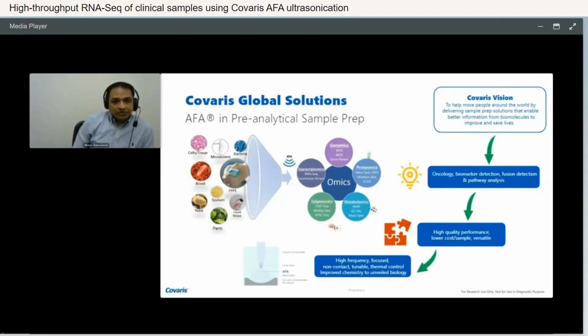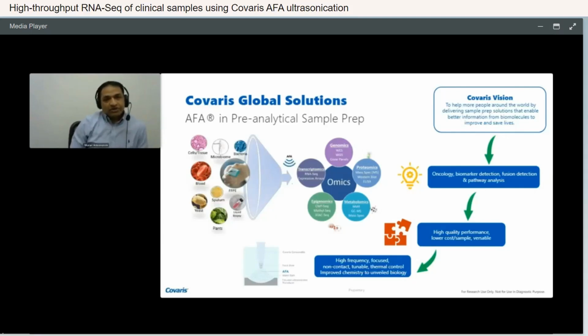Covaris adaptive focused acoustic technology offers high-value solutions in the pre-analytical sample prep domain. Our technology enables highly efficient extraction and processing of biomolecules from a whole range of different sample types. This processing is done in a very robust and reproducible fashion that enables streamlined workflows across different omics pipelines.